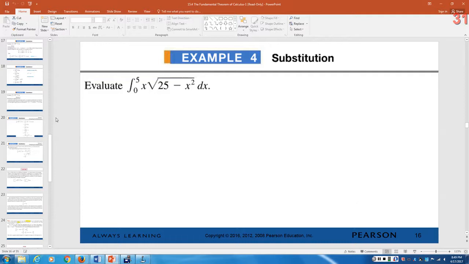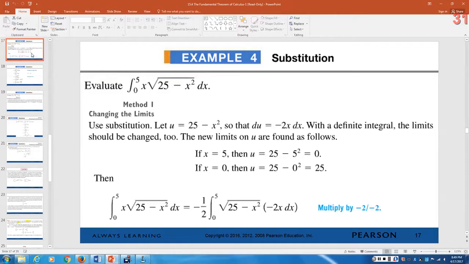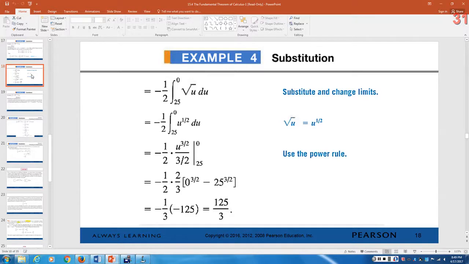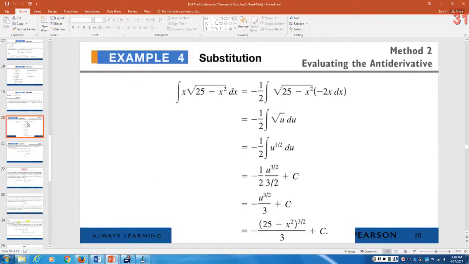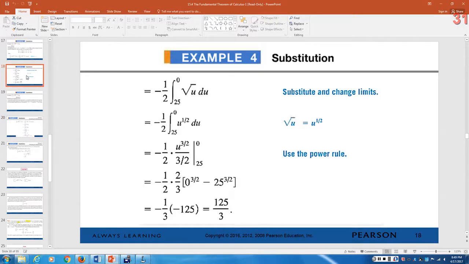So we don't have much time left. Let's see. And what we just did was the second method. We didn't do the first method.